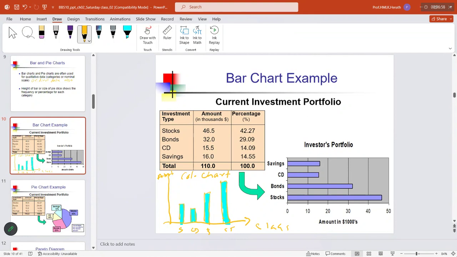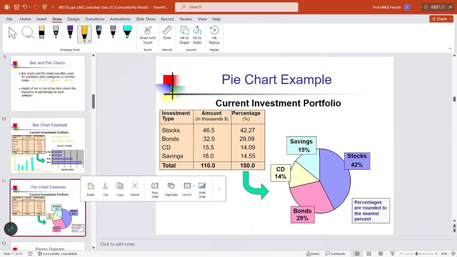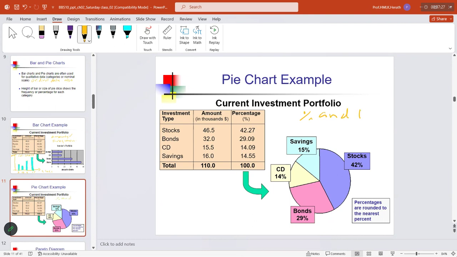Here we usually use amounts or frequencies. When it comes to percentages and relative frequencies, we use a pie chart, like what you see in this picture.